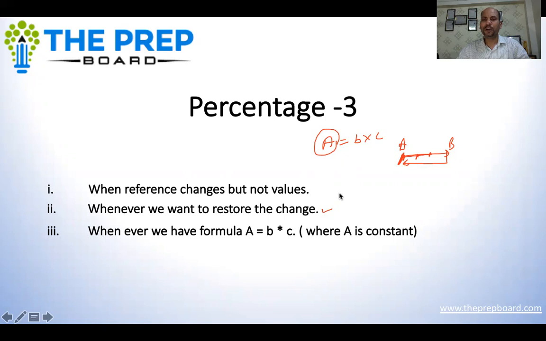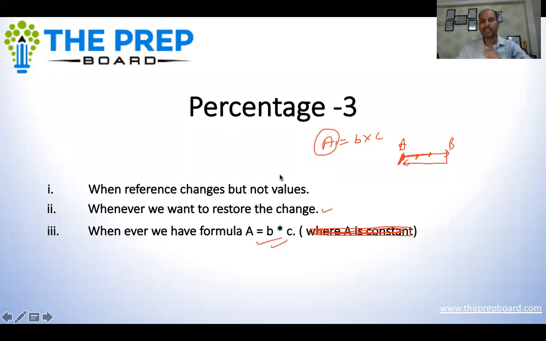But if the question is, the shopkeeper increased the price by 50%, how much discount should be offered to earn 10% or 15%, then we can use this formula. Here A is not constant. There is nothing constant. When everything is changing, we can use this formula.